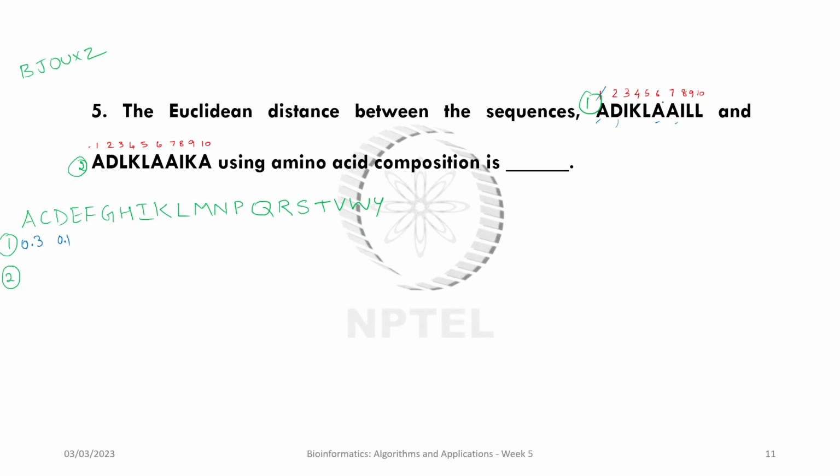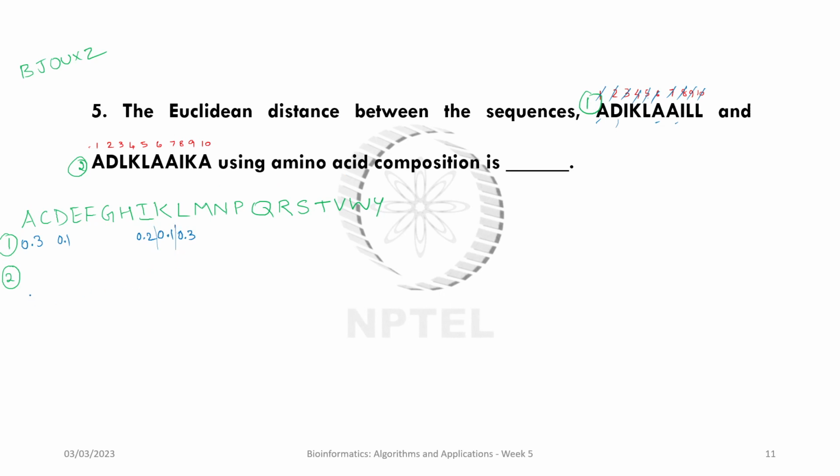So I finished 1, 6, and 7 in D. There are two I's, so 0.2. Then one single K, so K would be 0.1, and three L's, 1, 2, 3, 0.3.